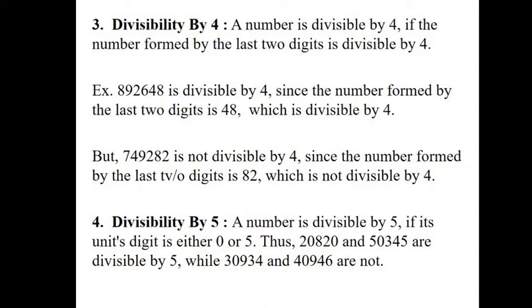The last digit is 0, so it is divisible by 5. In this number, the last digit is 5, so it's divisible by 5. While in these numbers, the last digits are 4 and 6, so they are not divisible by 5. Okay. So we expect only 0 or 5 in the last digit. Then only it can be divisible by 5.